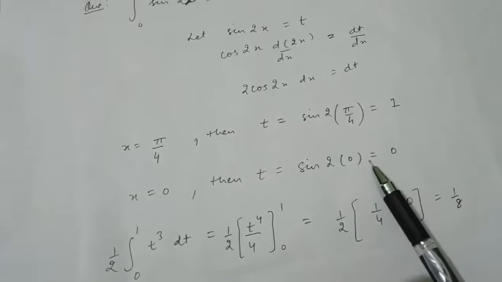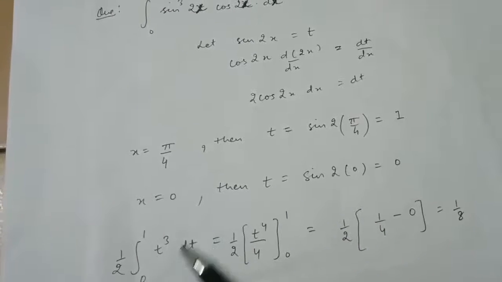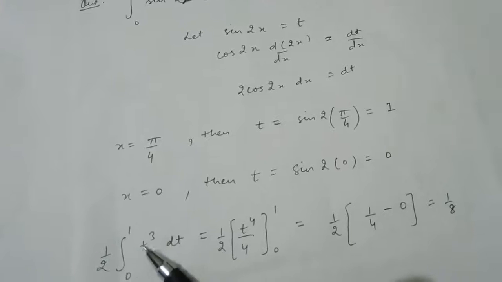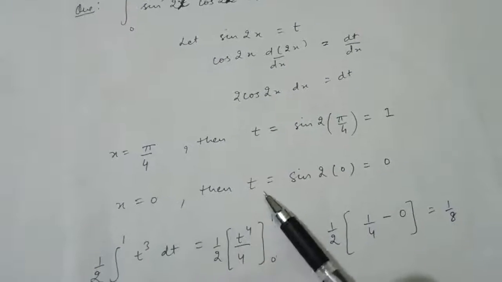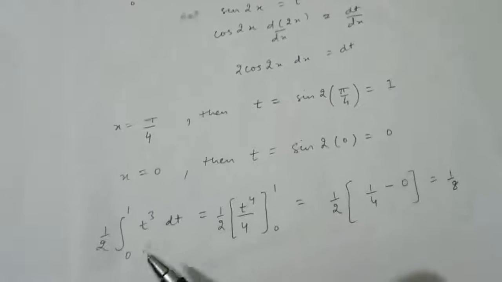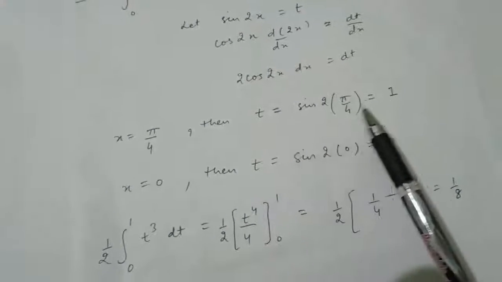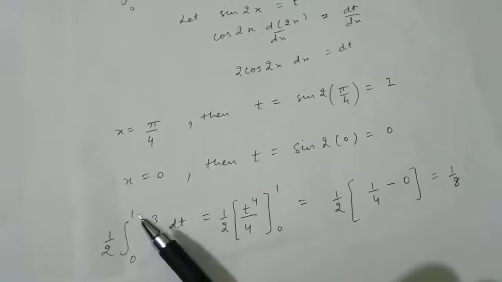So whenever you apply the method of substitution, that is if you are replacing this integral with this integral, then also change the limits. So when x is 0, t is 0, so write down 0, and when x is pi by 4, t is 1, so write down 1, right?